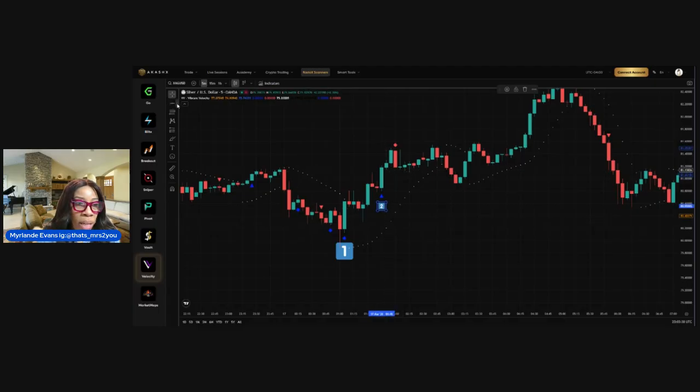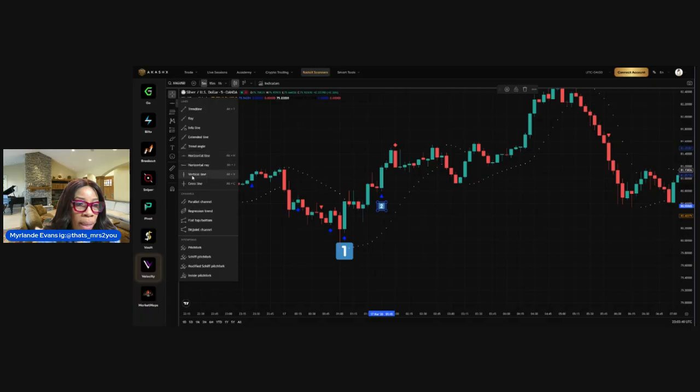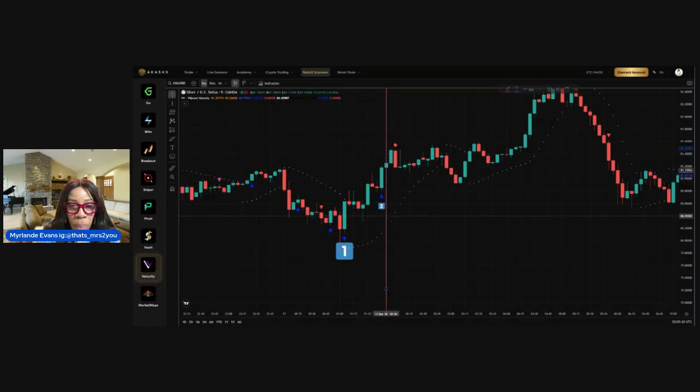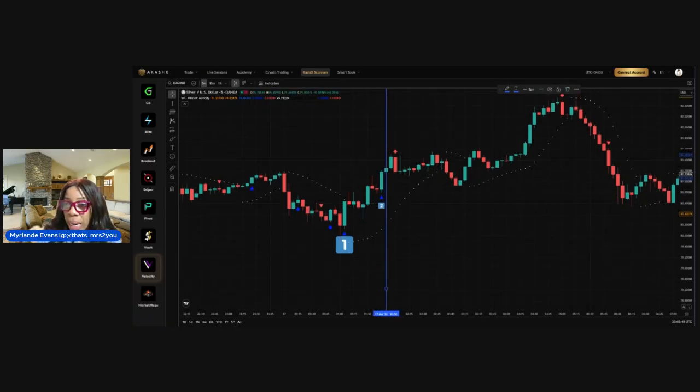So now I'm going to take my vertical line again and place it right here. We're going to make it blue because we're buying. So now we would have gotten in here, and same thing, we would have rolled this all the way up to this point.